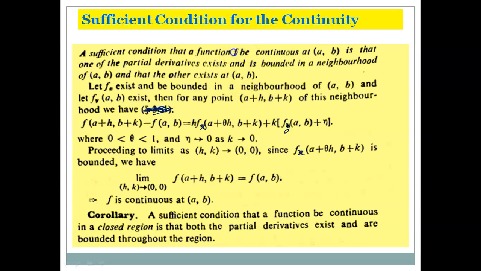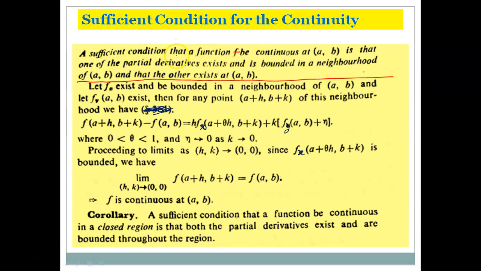We have already discussed some illustrative examples where at a certain point the first order partial derivatives existed, but the function was not continuous at that point. So there is a sufficient condition for the continuity of a function. Keep this statement in mind.